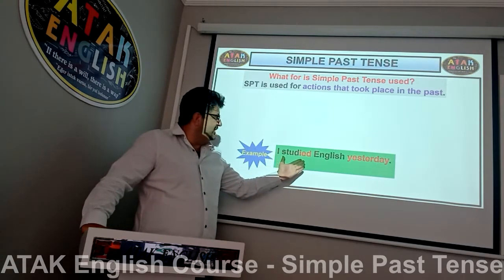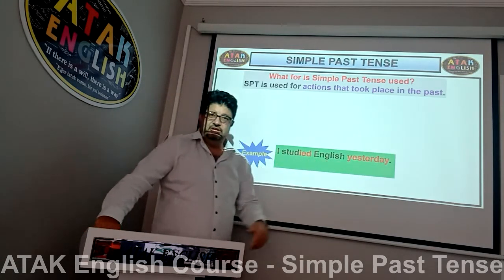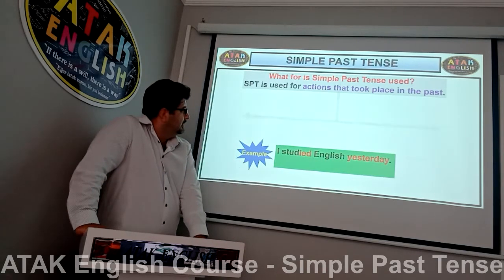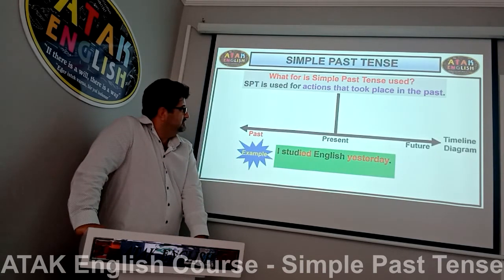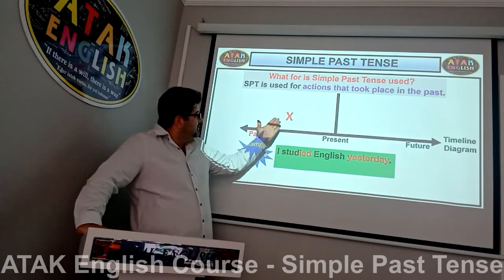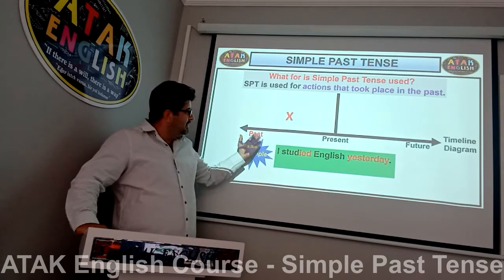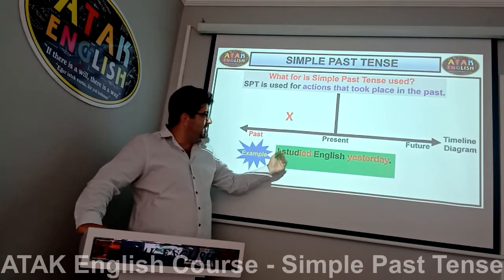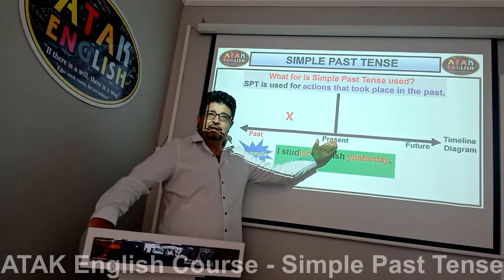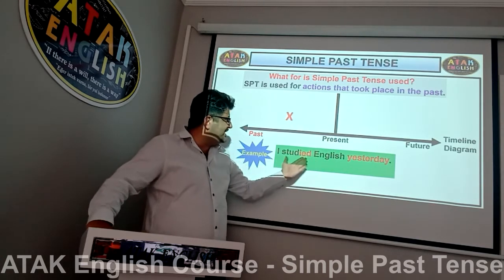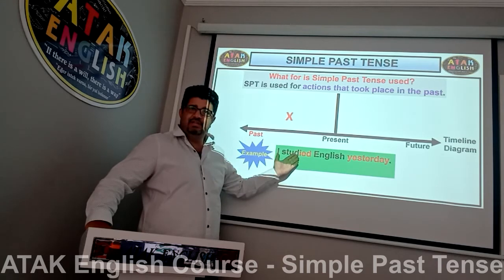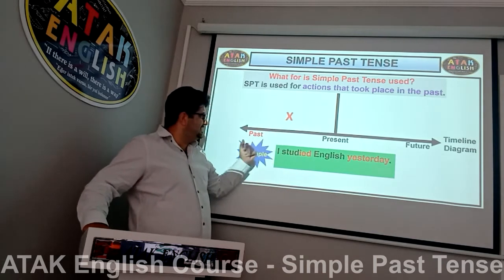I studied English yesterday. Let's see it on the timeline diagram. There you go. It's in the past. When do I say this sentence? I say it at the time of speaking, which is present, but the action, studying action, is in the past.